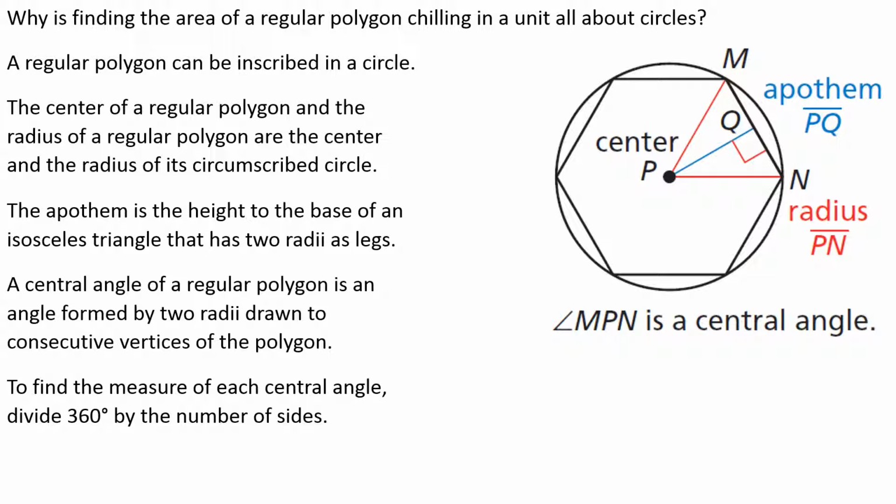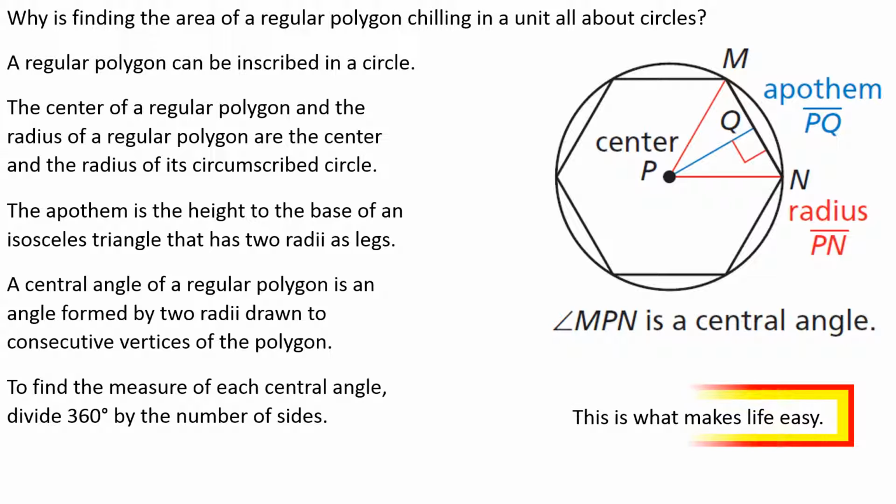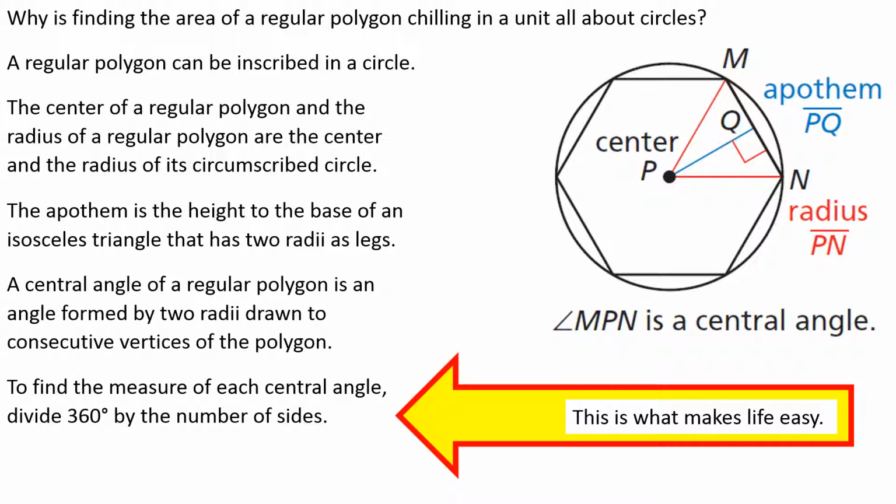If it was a decagon, I'd be doing 360 degrees divided by 10. If it was a heptagon, I'd be doing 360 degrees divided by 7. Right? It's just 360 degrees divided by the number of sides. And that is why we study this with circles, because that is what really makes the computation really swell and nifty and wonderful.